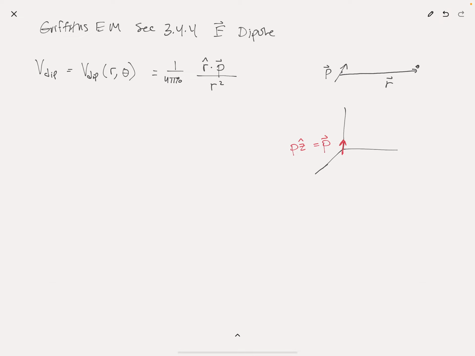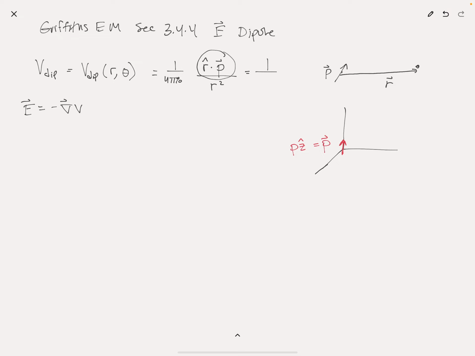That makes it a lot easier for us to define an electric field, because I know that the electric field is the negative gradient of my potential, and because my dipole is now aligned with the z-axis, this dot product is going to be a lot easier to deal with. So let's write what that dot product is.